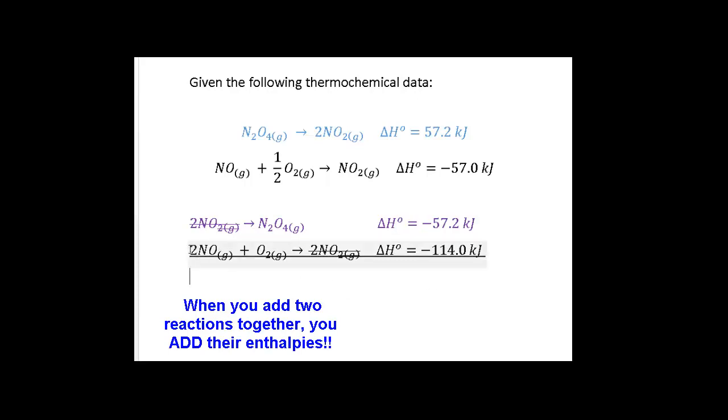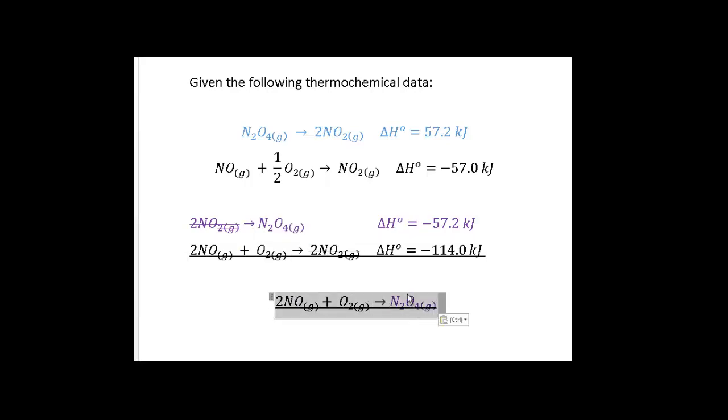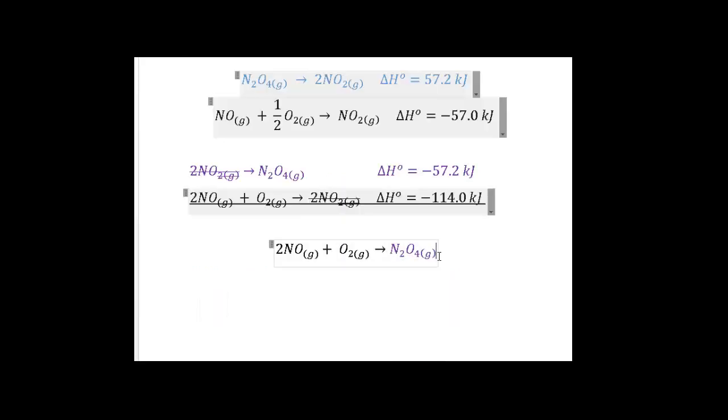I get 2NO plus O2 gas goes to N2O4 gas. So that is my equation that I get from adding these 2, and it matches the equation that I want to get, and the corresponding enthalpy will be nothing more than adding these 2 enthalpies. So add the reactions, add the corresponding enthalpies.